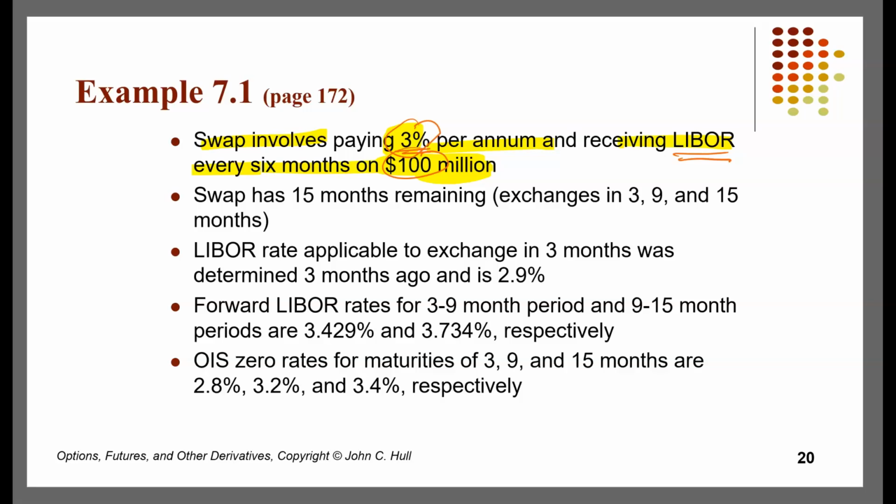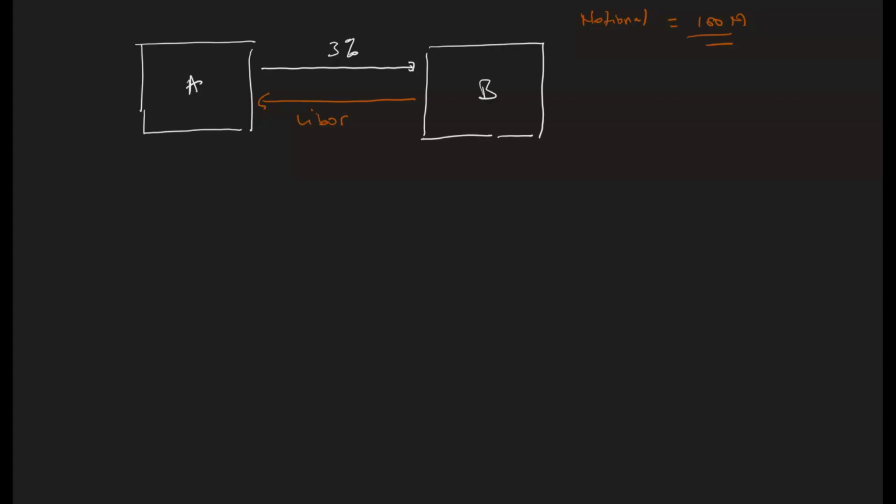Next, we're also told that the swap has 15 months remaining to life, and the exchanges are going to occur in 3 months, 9 months, and 15 months from today. So the swap has 15 months to live, and so we're going to be starting here, 1, 2, and 3, and the payments are going to occur in 3 months, 9 months, and 15 months.